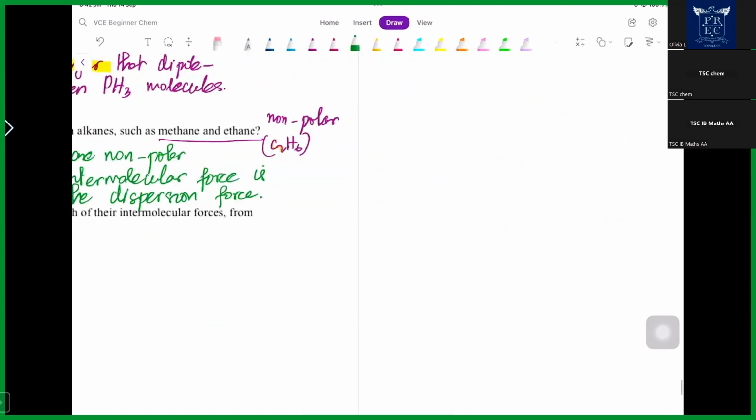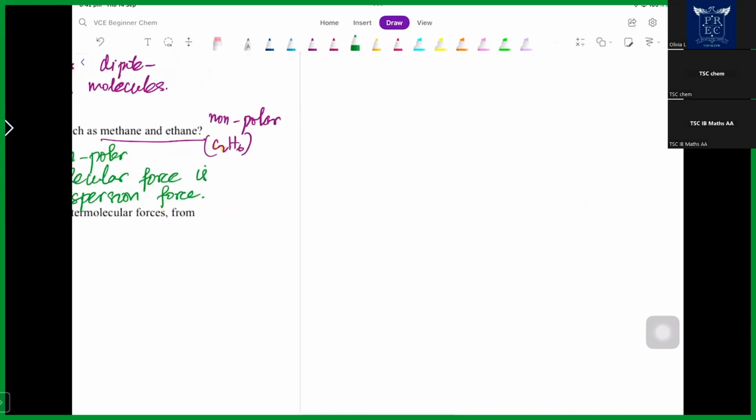Whether it's polar or not, first of all, look at the bond. Here we have a C and H bond, right? Of course, you will eventually know what methane is. Now I'm just trying to say methane is CH4.